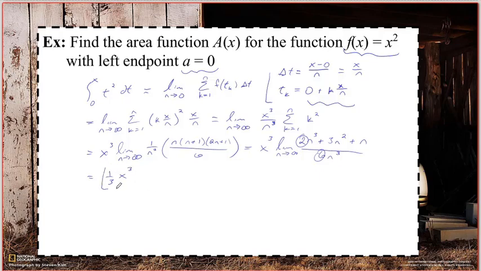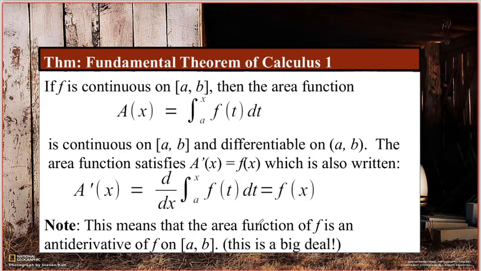Now, see if you could see the connection between this area function and the original function. And if you see it, that brings us to our first part of the fundamental theorem of calculus. So if f is a continuous function on some interval a to b, then the area function, which we're going to call A of x, is the definite integral from that little a, the start of our interval, to x of our function, f of t dt.